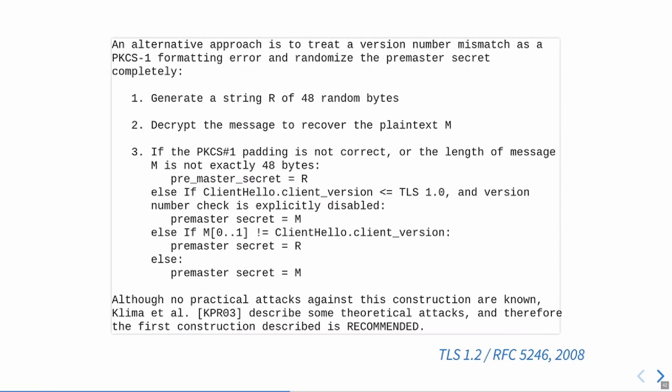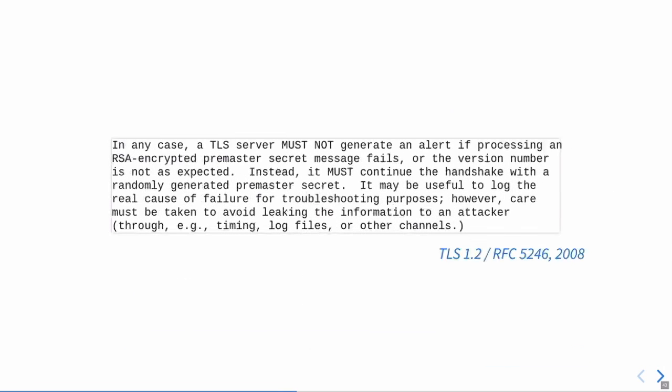And then it tells you, although no practical attacks against this construction are known, Klima et al. describe some theoretical attacks, and therefore the first construction is recommended. So we have 2 algorithms for how to prevent this attack. We really should only use one of them, but the standard describes 2. And also, by the way, we should prevent timing attacks and other kinds of leaks. And it's a really long section on how to prevent these attacks.